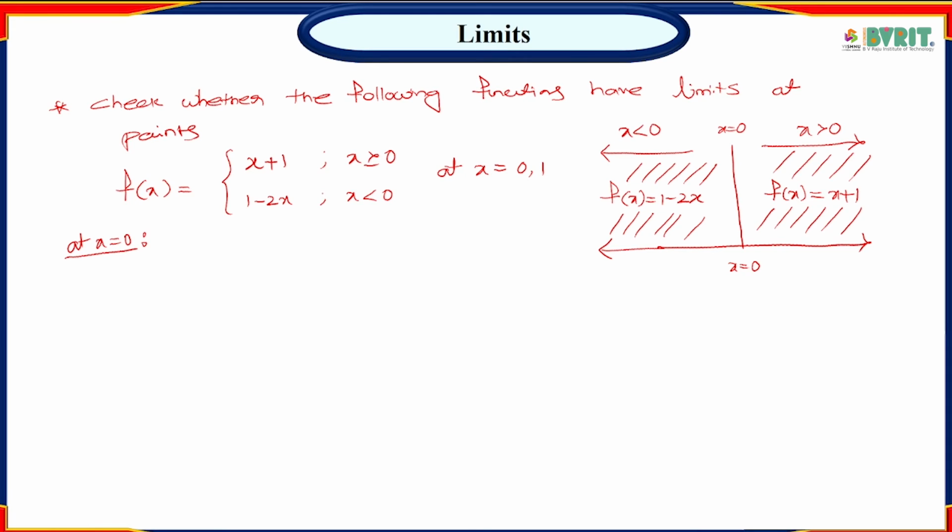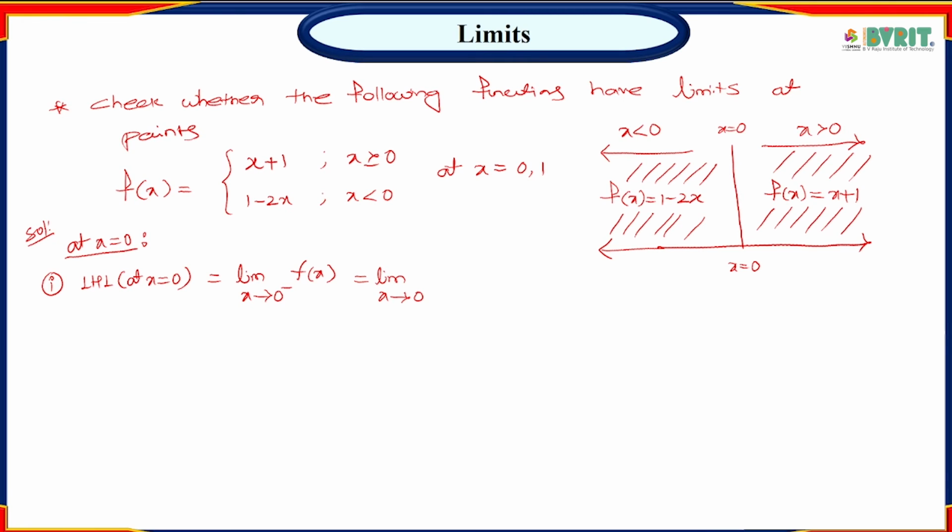Now first of all, at x is equal to 0, the solution: the first one, the left hand limit at x is equal to 0. The left hand limit at x is equal to 0 is nothing but the limit x tends to 0 minus f of x. 0 minus means x less than 0.